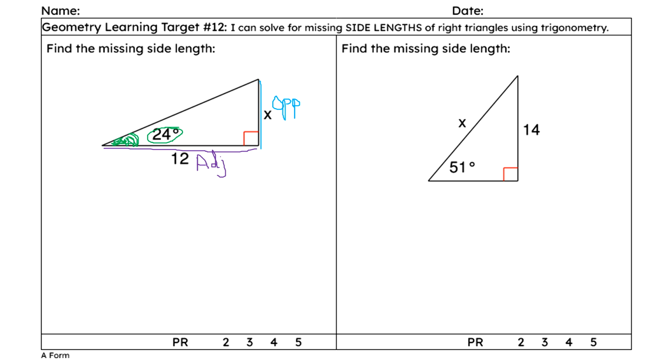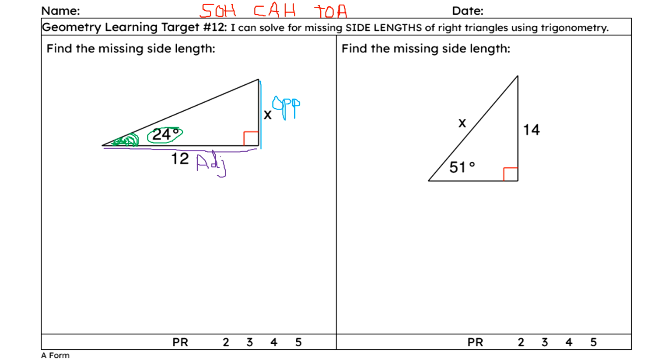So if you remember anything about trigonometry, there's 3 ratios between the side lengths of a right triangle. Sine, which is the value of the opposite over the hypotenuse. There's cosine, which is the ratio of the adjacent side to the hypotenuse. And then there's tangent, which is the ratio of the opposite side to the adjacent.